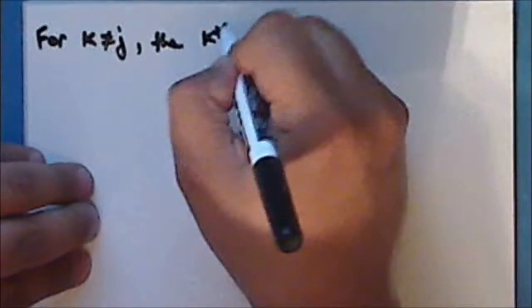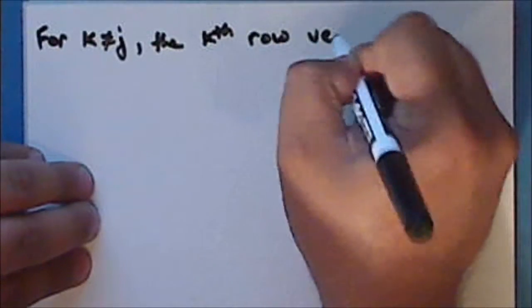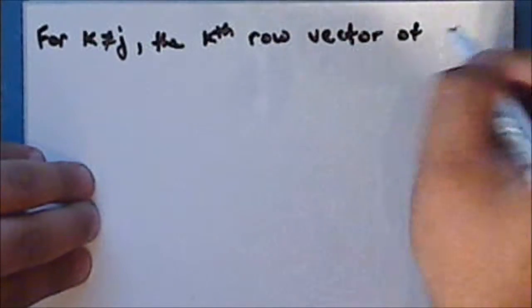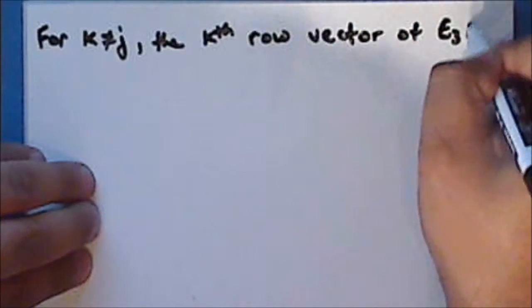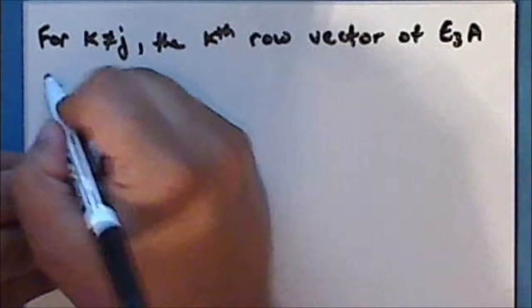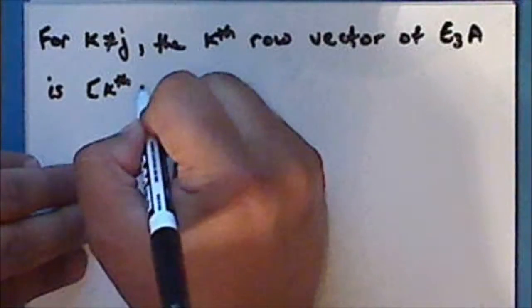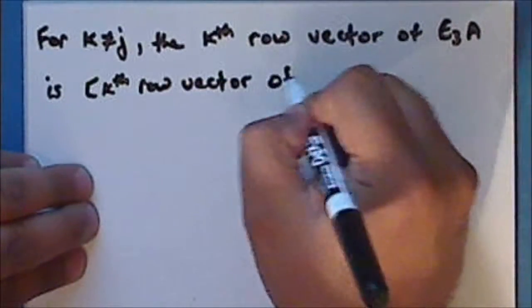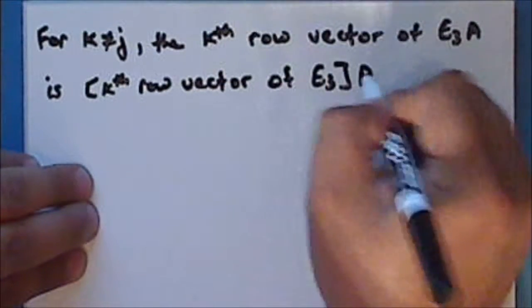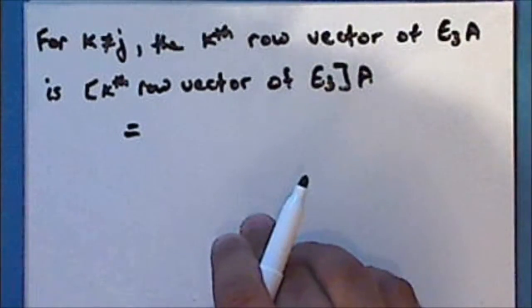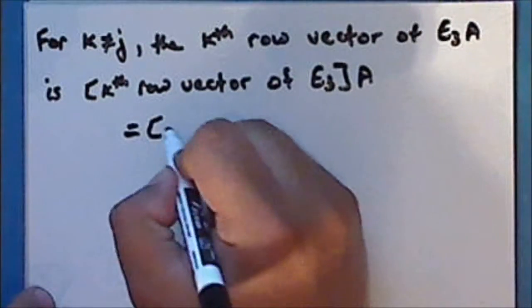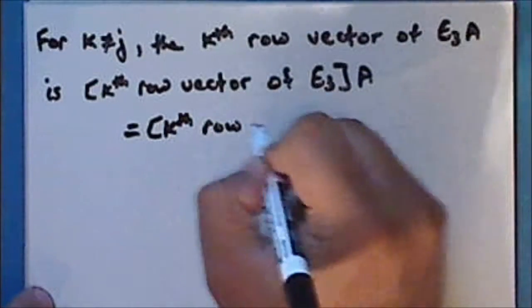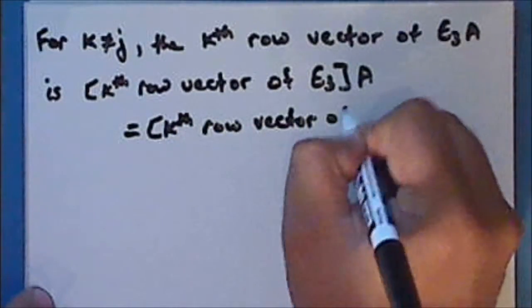And for any index k not equal to j, the kth row vector of the product E sub 3 times A is the kth row vector of E sub 3 times A, and the kth row vector of E sub 3 is the same as the kth row vector of the identity.